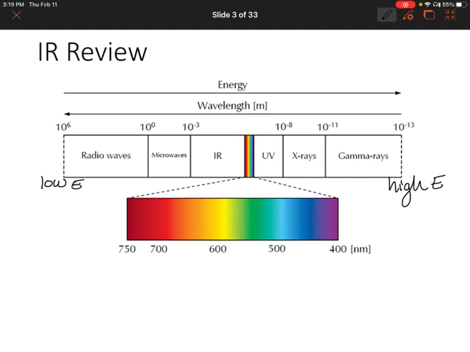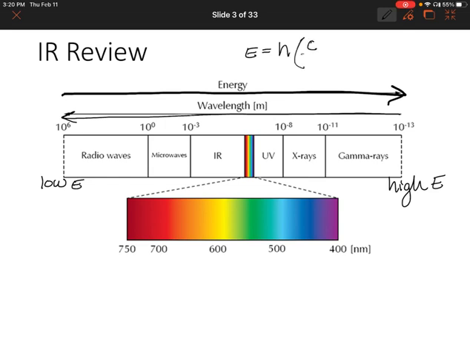So notice that wavelength increases going to the left, but energy increases going to the right. So they are inversely related, and that makes sense if we think about the equation for energy, which is Planck's constant times the speed of light over wavelength. So energy is inversely related to wavelength.